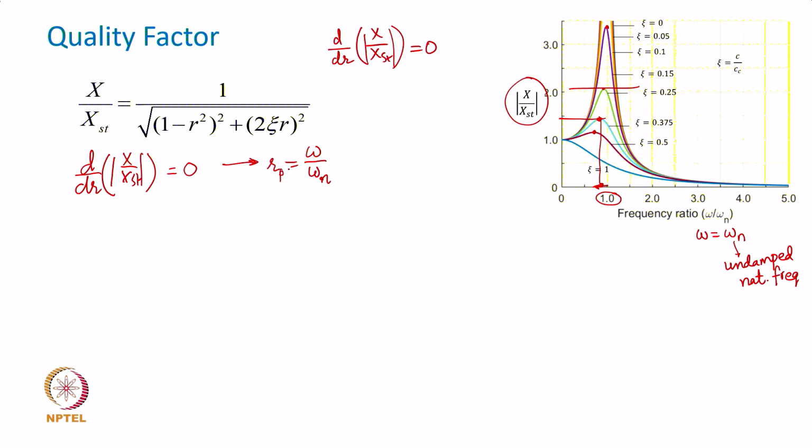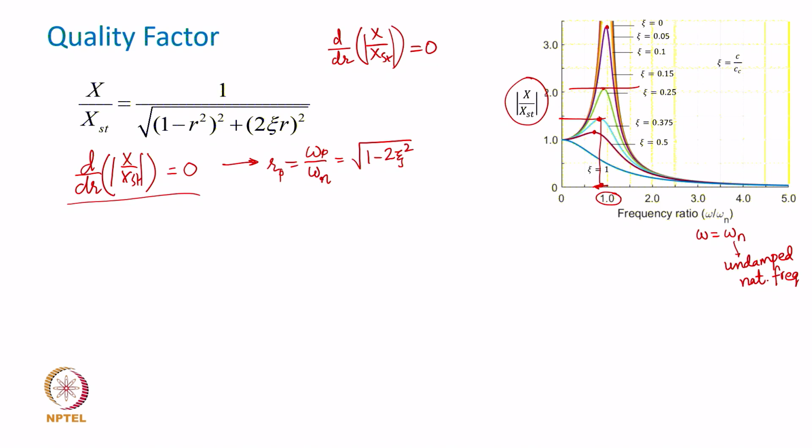I will call this r_p and omega as omega_p, because that is the frequency at which peak amplitude is obtained for a given damping ratio. It is found that this ratio is equal to 1 minus 2 zeta square. You can do this mathematical exercise and verify it yourself, that it turns out to be the square root of 1 minus 2 zeta square.